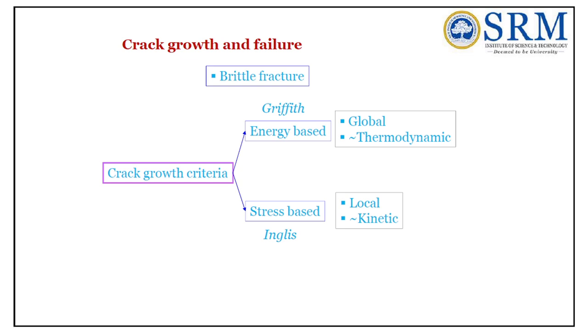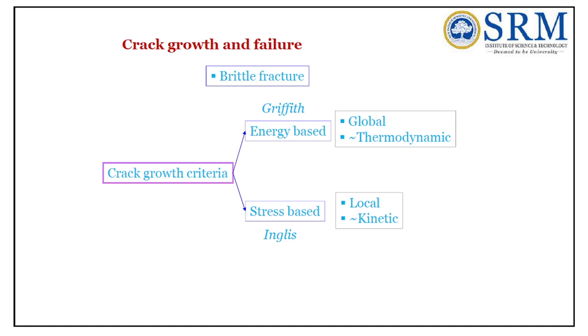Now coming to crack growth and failure, the crack growth criteria can be studied by means of Griffith, which is an energy based approach, and by Inglis, which is considered stress based. Griffith took a global thermodynamic view into consideration, whereas Inglis said that the stress is local.